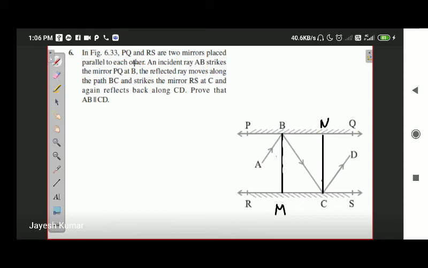The question is: in the given figure, PQ and RS are two mirrors placed parallel to each other. So we are already given that PQ is parallel to RS. Next, an incident ray AB strikes mirror PQ at B. AB is the incident ray.